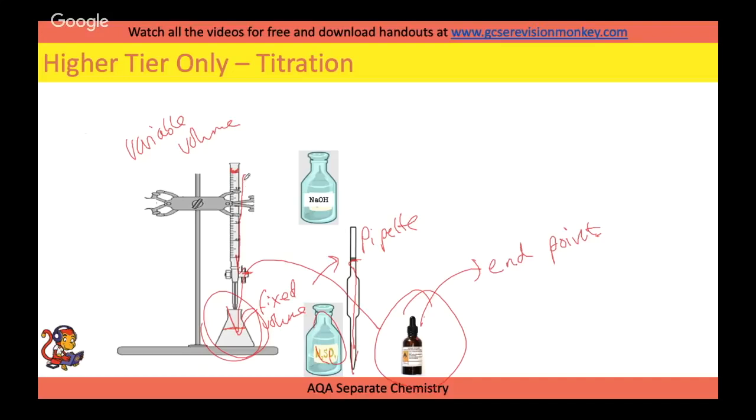And then you'll do a proper titration where you'll let a little bit of the acid out quite quickly until it gets near the end point. And then you will literally do it drop by drop and swirl it. And you'll often see a white tile underneath so that the end point is really clear.